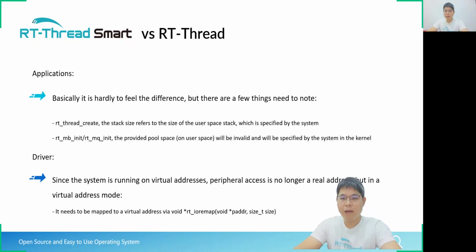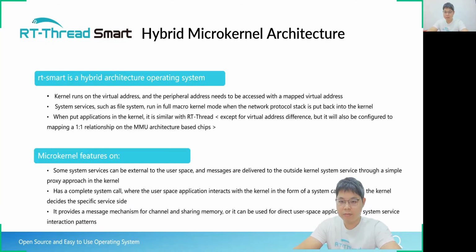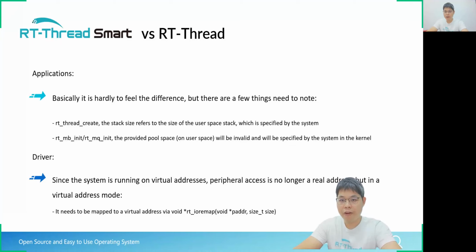From the application part, it's hard to feel the difference because both of them are using the same RT-Thread API, and both of them can perform hard real-time scheduling based on priority and preemption, and can use the same communication API and multi-thread synchronization. But it's different in the following 2 points.